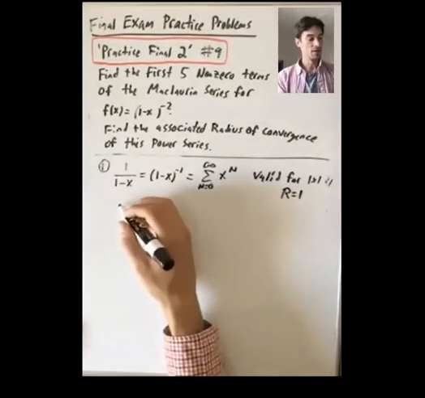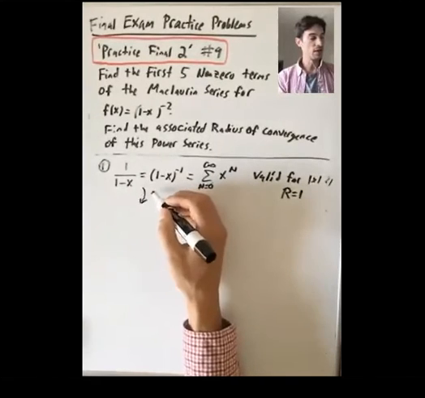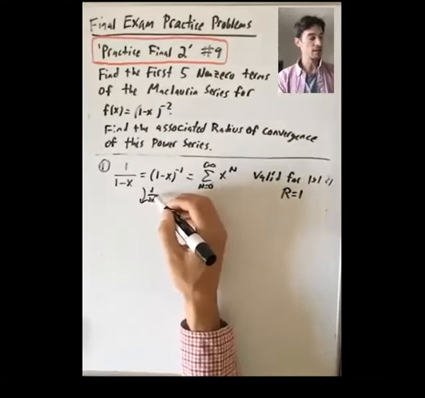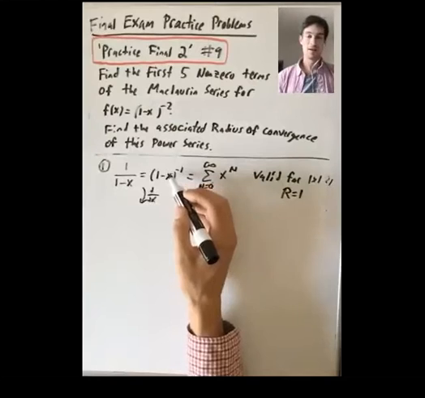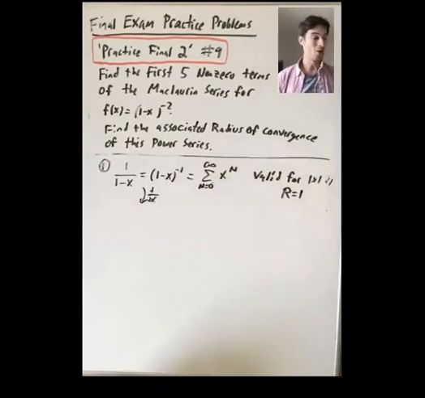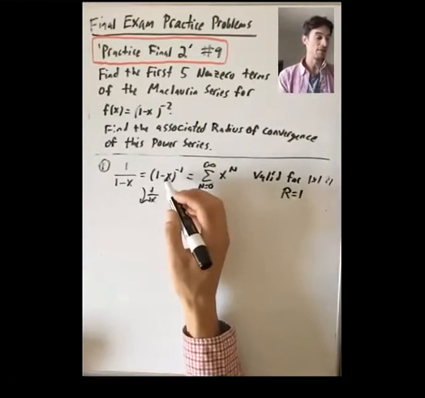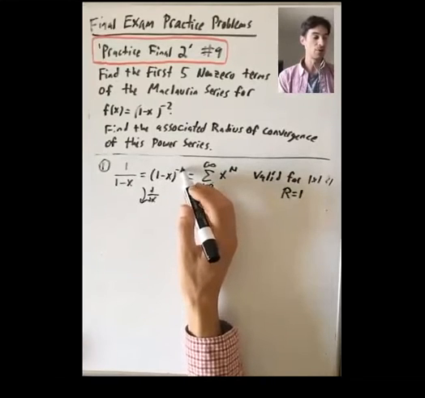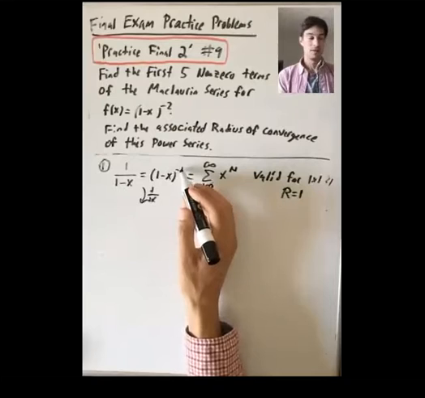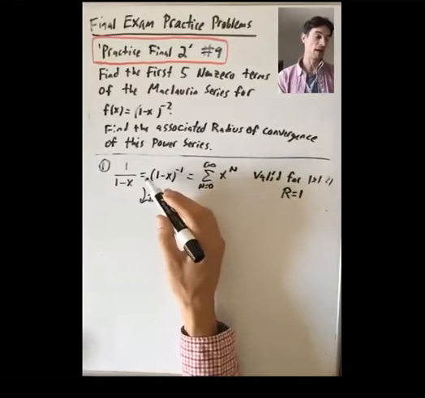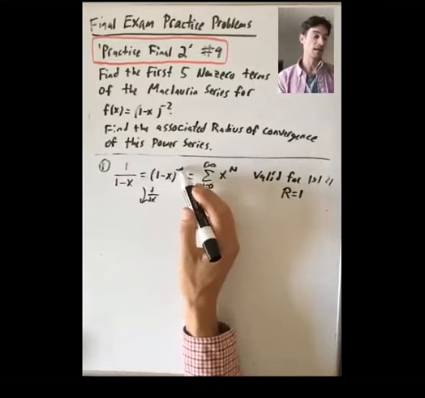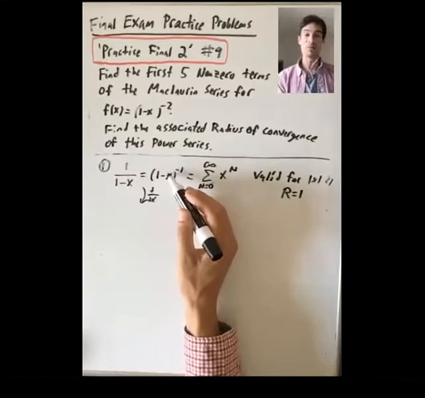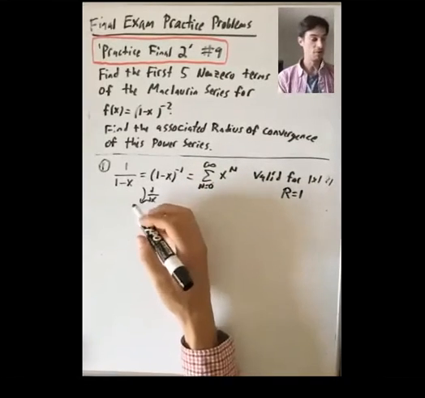Now the thing to do is notice that we get from the function we have here to the function we want by taking a derivative. What is the derivative of (1 minus x) to the minus 1? Well, you apply the power rule. You get a minus 1 that comes down, and you get (1 minus x) to the minus 2, and then an extra minus 1 from the chain rule.